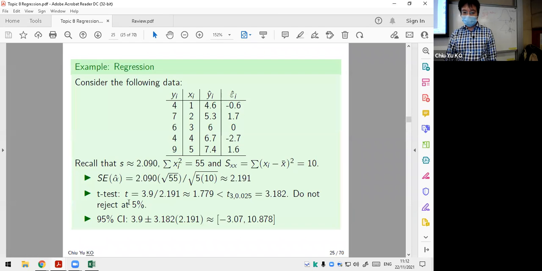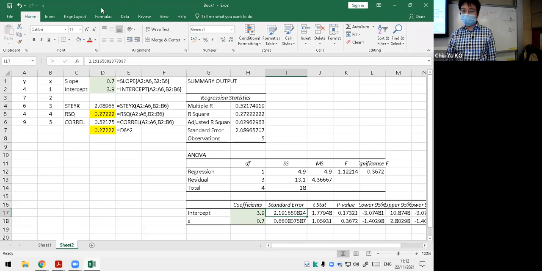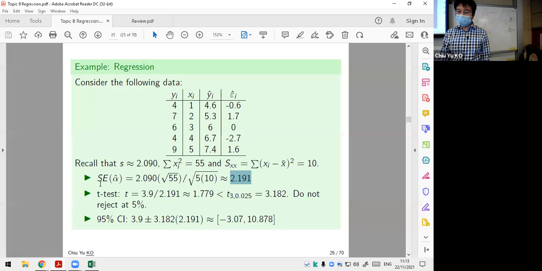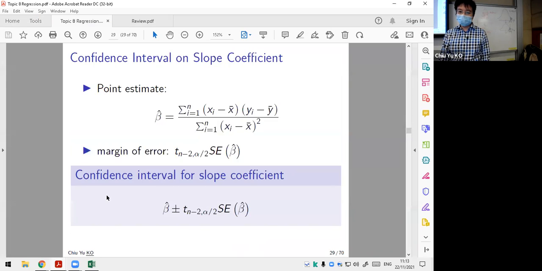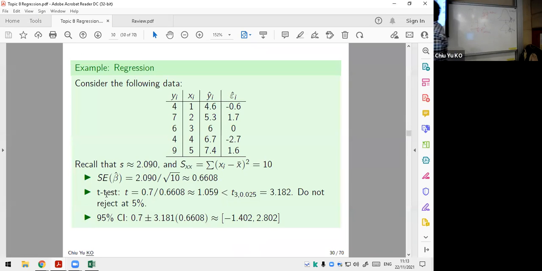Right? SE alpha, the intercept is 2.191. So it's here, this guy. Okay. And this is 0.6606. So 0.660 is the intercept error. So it's SE beta. Okay, this guy. 0.6608.